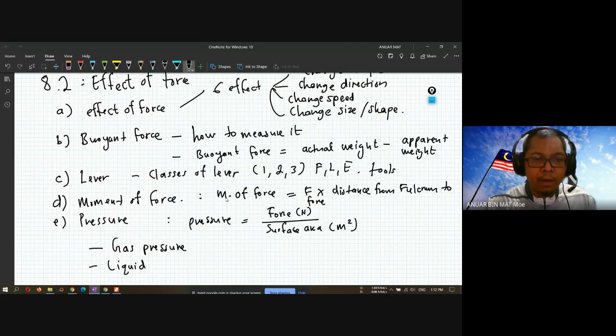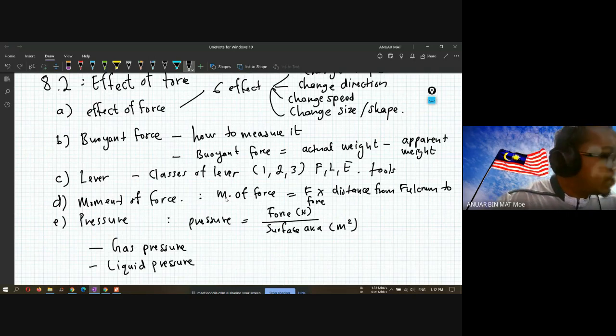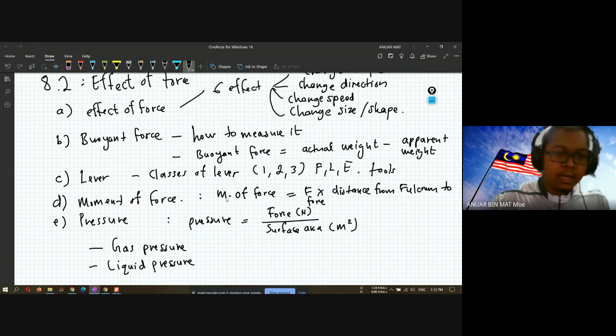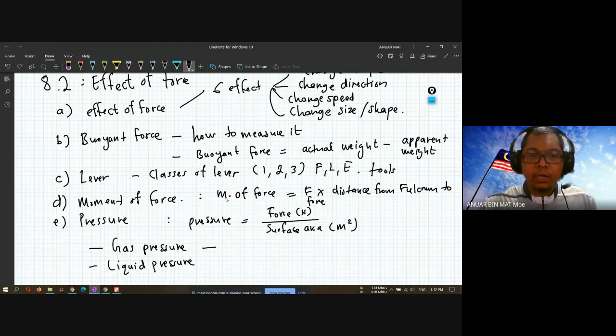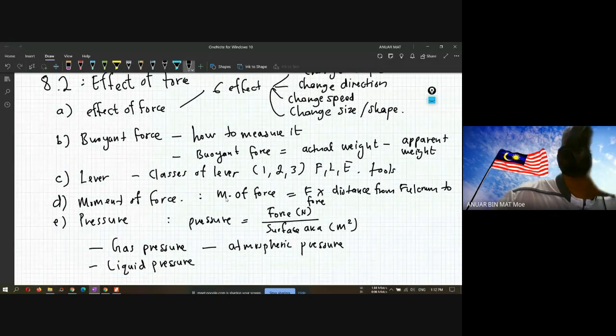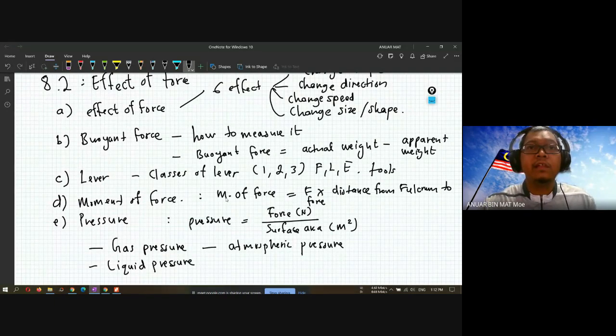In gas pressure, including atmospheric pressure, meaning the pressure in our atmosphere, because our atmosphere consists mainly of air, right?